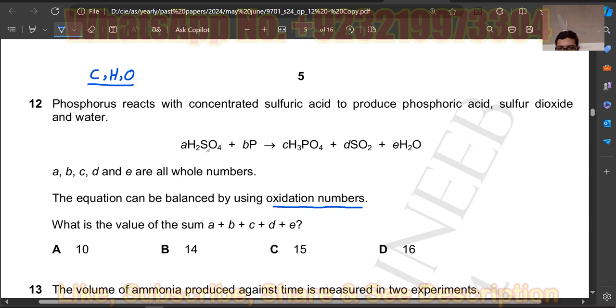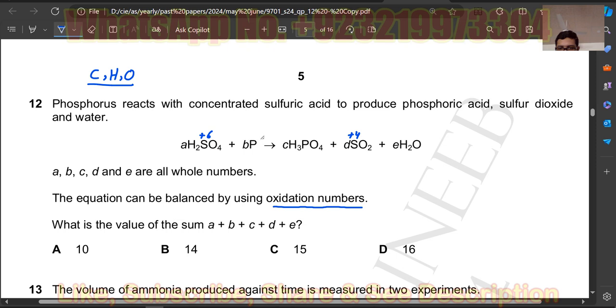know that in most of the cases only the elements other than carbon, hydrogen, oxygen show the change in oxidation numbers. So over here we have sulfur. So the oxidation number of sulfur is +6 over here, and the oxidation number on the right hand side of sulfur is +4. So you can see there is a change from +6 to +4.